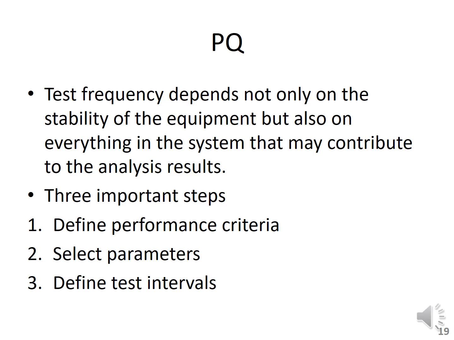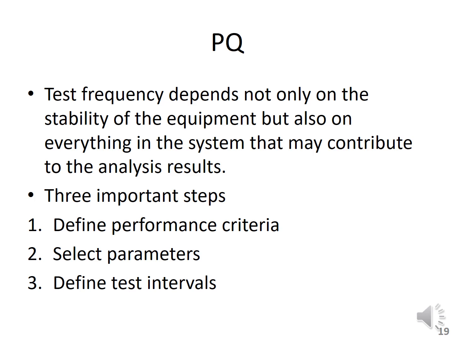So when you are performing on an equipment, they're saying that the performance qualification test frequency depends not only on the stability of the equipment, but also on everything associated in the system that may contribute to the analysis results. So you have to consider the equipment and all relevant things while you are doing the performance qualification or the process qualification, right? Three important steps.